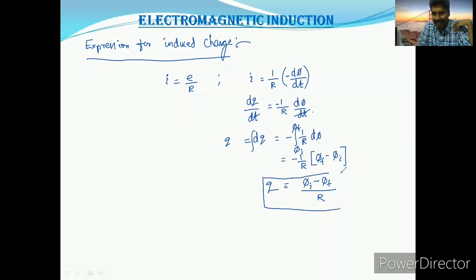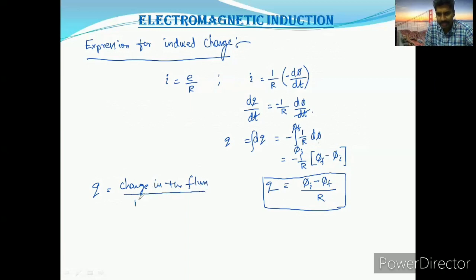So this is the expression for induced charge. So Q is equal to the change in flux by the resistance in the circuit or coil. So this is the expression for induced charge.